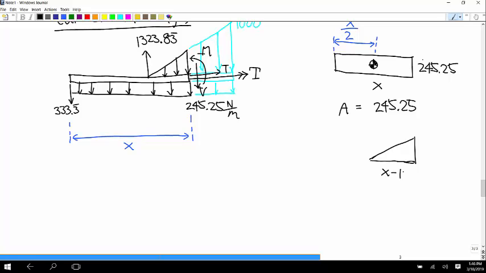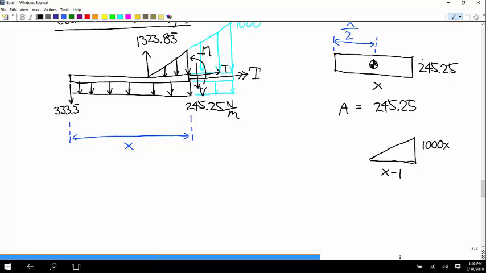And how are we going to represent the height of that? Well, we know it has a slope equal to the rise over run. So the rise is 1,000 over a run of what? 1. Yes, exactly.